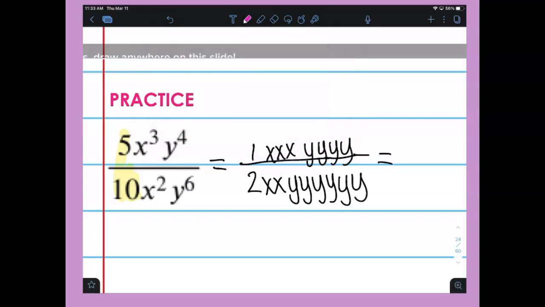From there, x divided by x is 1, x divided by x is 1, and y divided by y is 1, four times. What we have left in the numerator is 1 times x, which is just x. What we have left in the denominator is 2, and then y times y, so y squared.